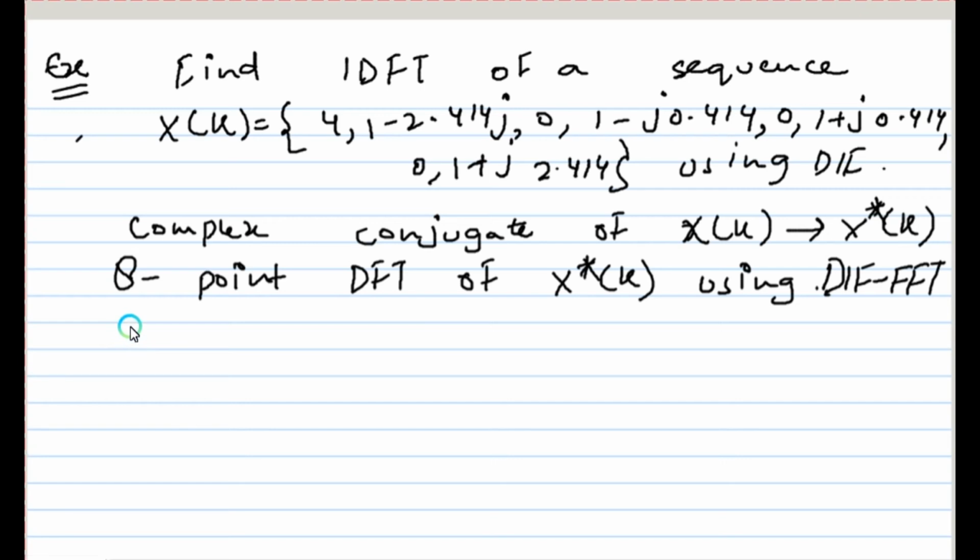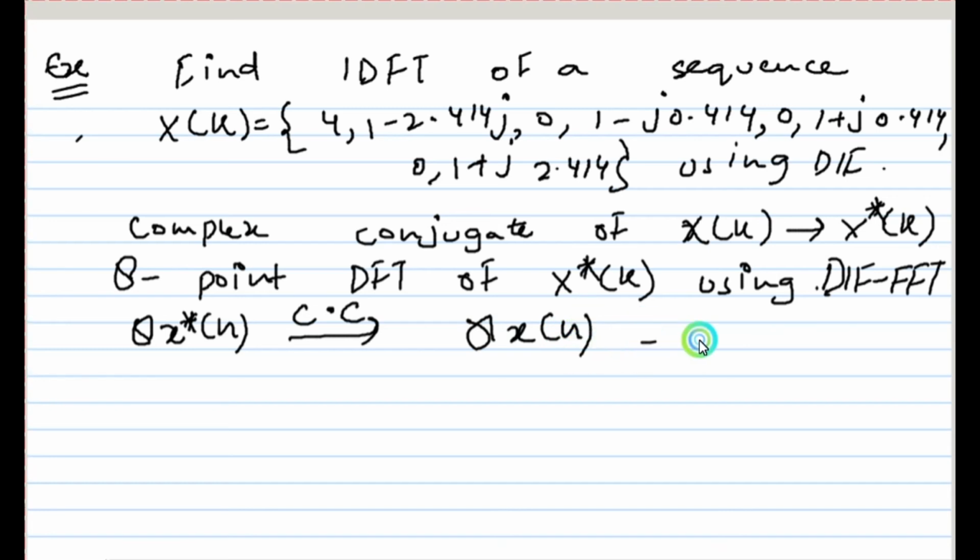Using that, we will basically get 8 x conjugate n. Then we take its complex conjugate to obtain 8 x of n, and finally we divide by 8 to obtain x of n. Fine. So let's go to the first step, finding x conjugate k.